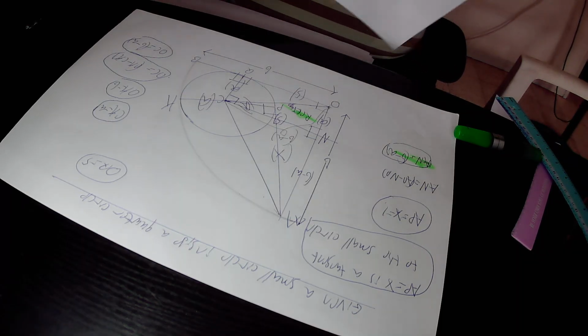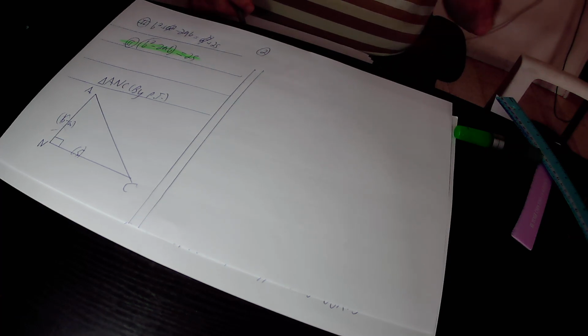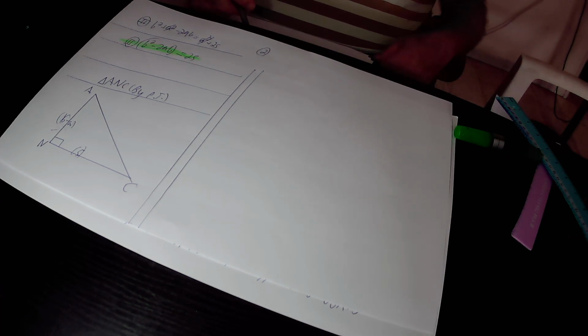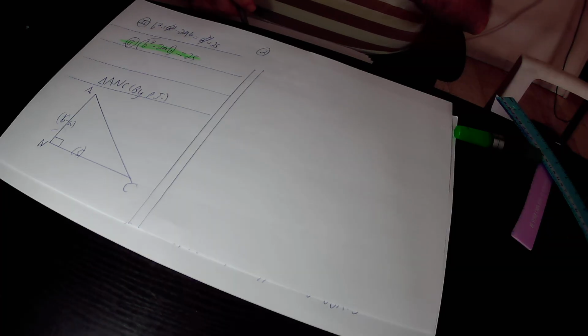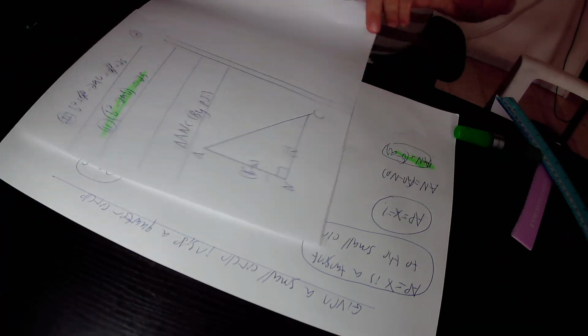So this is the right triangle ANC that is copied from the original drawing. In this right triangle, AC squared, that is the square of the hypotenuse, is equal to AN squared plus NC squared. I'll write it down. This will be equation 3.